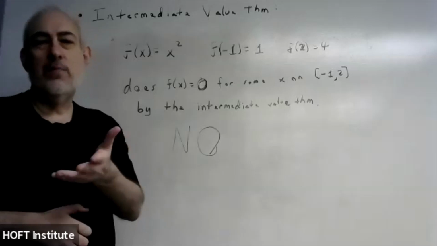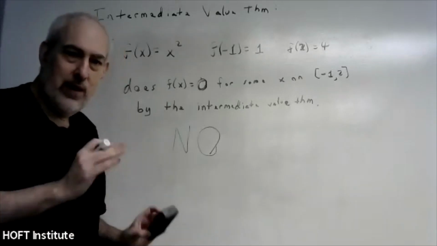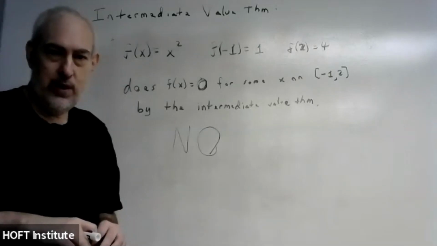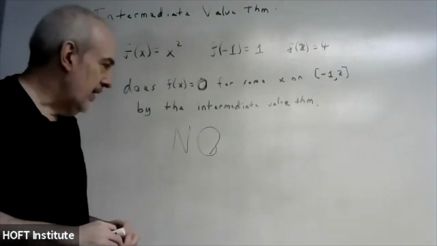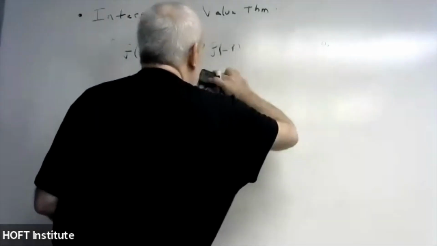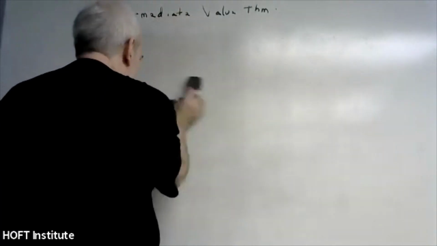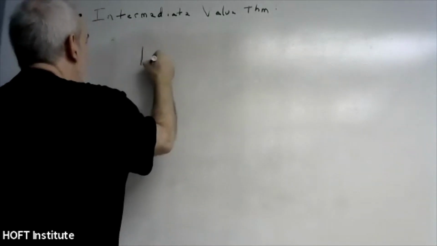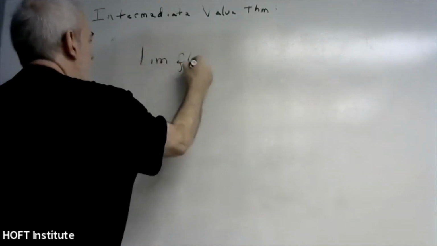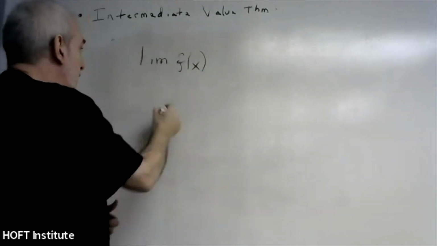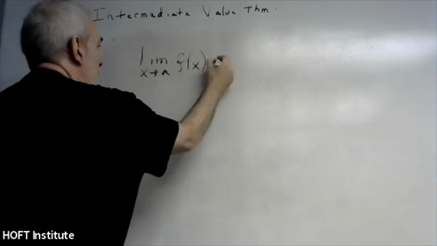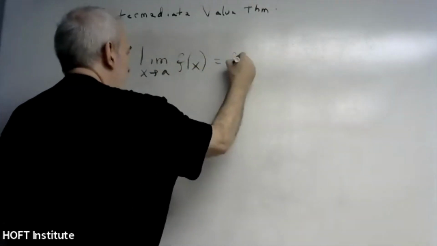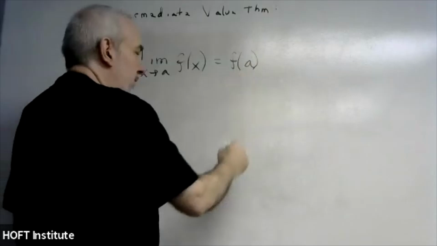One of the main reasons, I forgot to mention this, that the concept of continuity is so important is because finally we have a way to calculate limits by just applying this rule. If a function f of x is continuous at x equals a, then by the third property, the limit as x approaches a of f of x has to equal f of a.